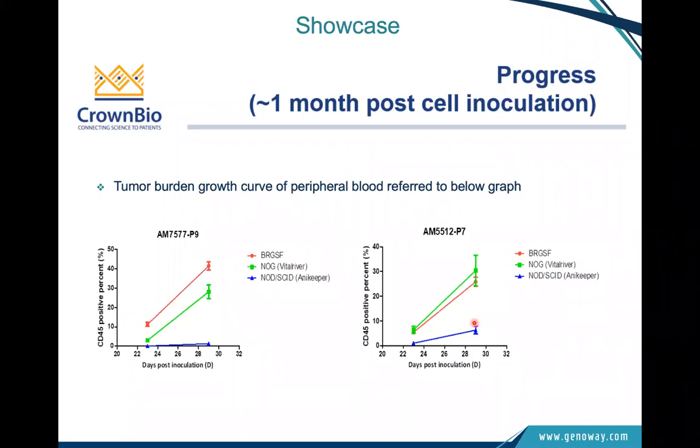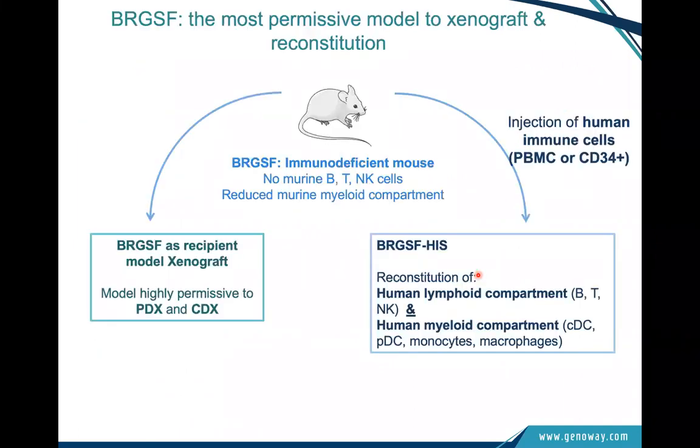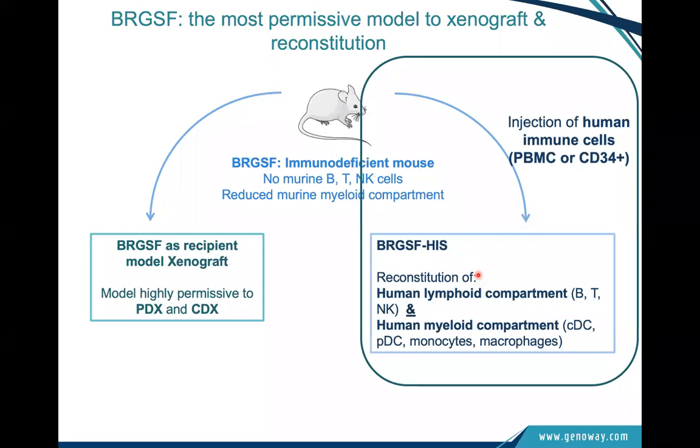It should work as well or even better than the mice that you're using today. And for that type of purpose, the price per animal is significantly lower than what you're paying today for NSG and NOG mice.